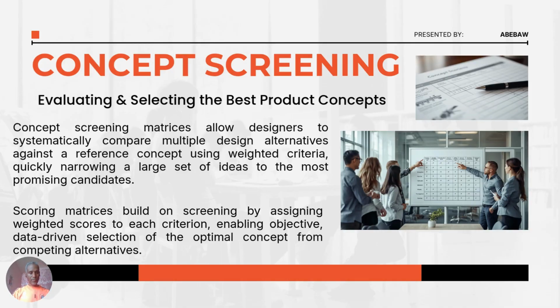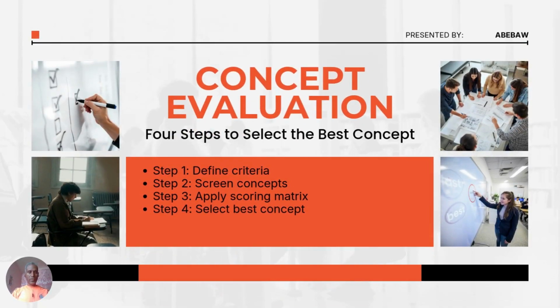Whereas scoring matrices build on screening by assigning a weighted score to each criterion, enabling objective, data-driven selection of the optimal concept from competitive alternatives. After selecting the best product, we go on to further development of that product until developing the prototype.